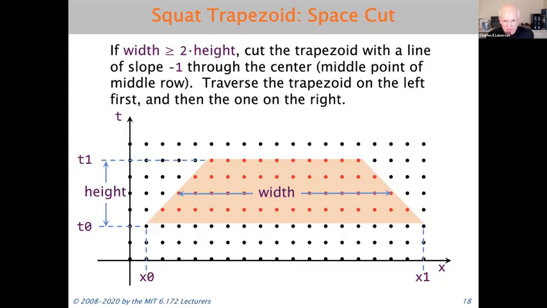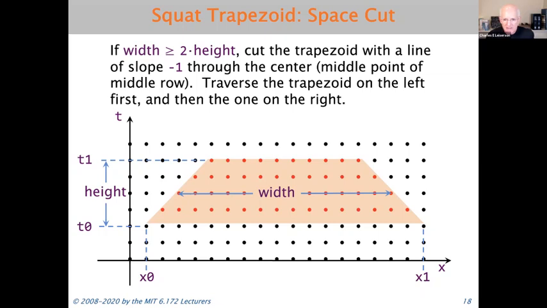The first case, which I'm showing here, is when the width is at least twice the height. We call it a squat trapezoid because it's short and fat. So remember that the trapezoid's width is the average of the length of the two bases.